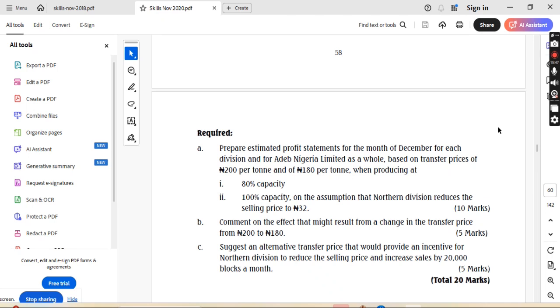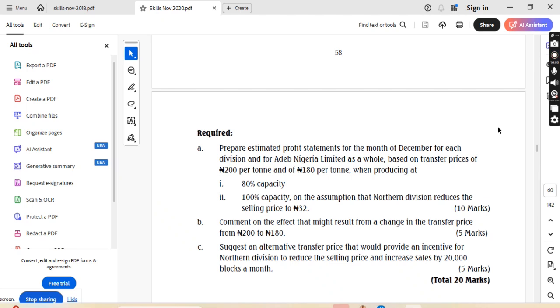Comment on the effects that might result from change in the transfer price from 200 to 180. From 200 to what? 180. You should comment on the effects of that.